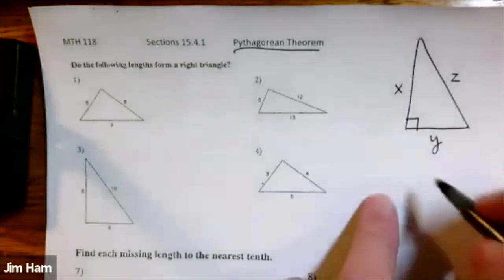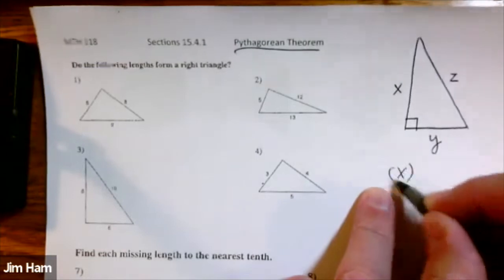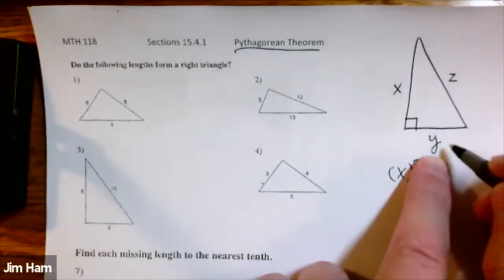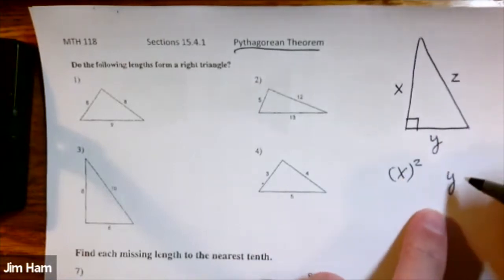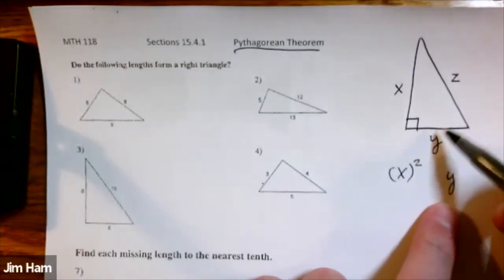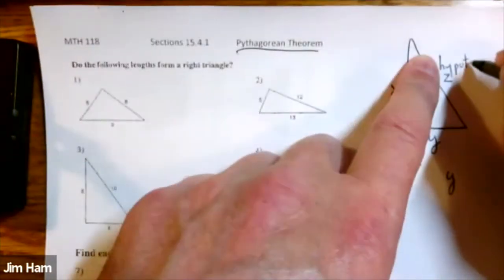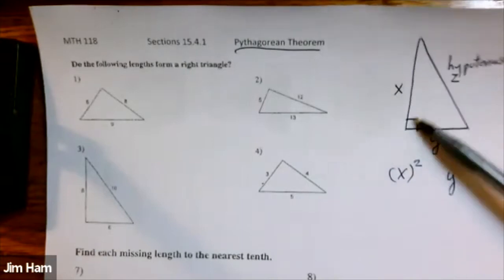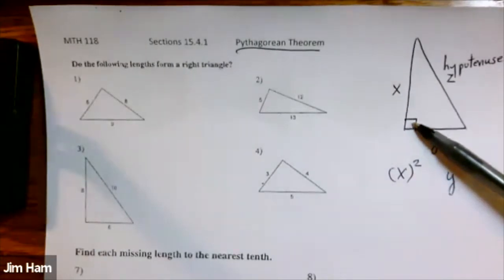So if you take one leg, X, and square it, and then take the other leg, and by leg I mean non-hypotenuse. So there's two legs and then there's the hypotenuse. And the hypotenuse is always the largest side of a triangle because the largest angle is going to be 90.